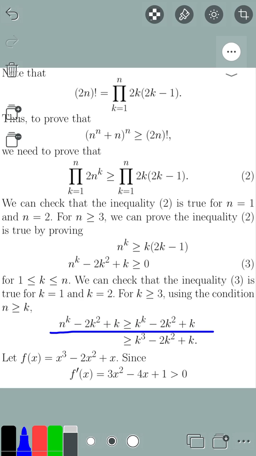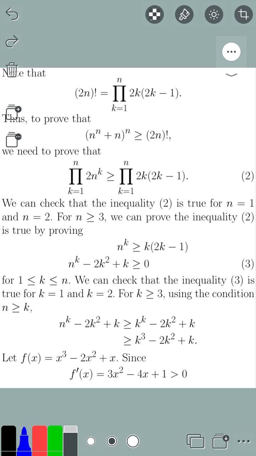Well, n is larger than or equal to k, so n to the kth power is larger than or equal to k to the kth power. And so we have n to the kth power minus 2k squared plus k is larger than or equal to k to the kth power minus 2k squared plus k. Alright, and k is larger than or equal to 3, so k to the kth power is larger than or equal to k to the third power.